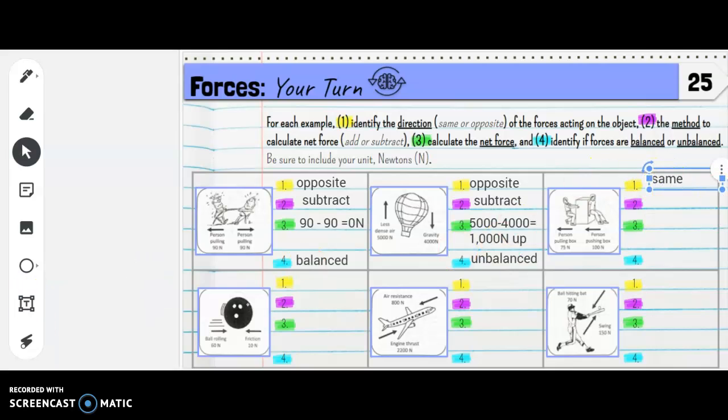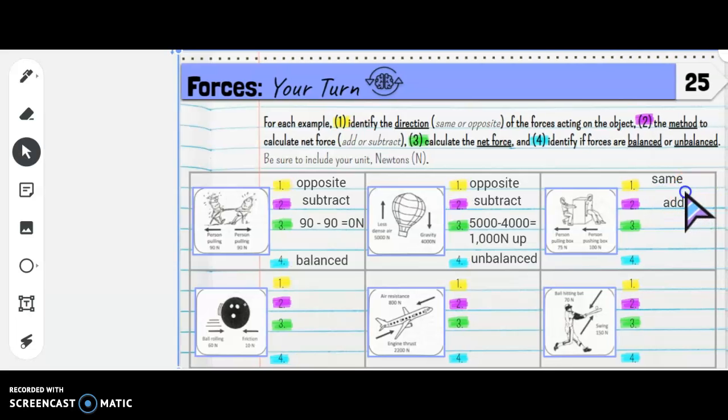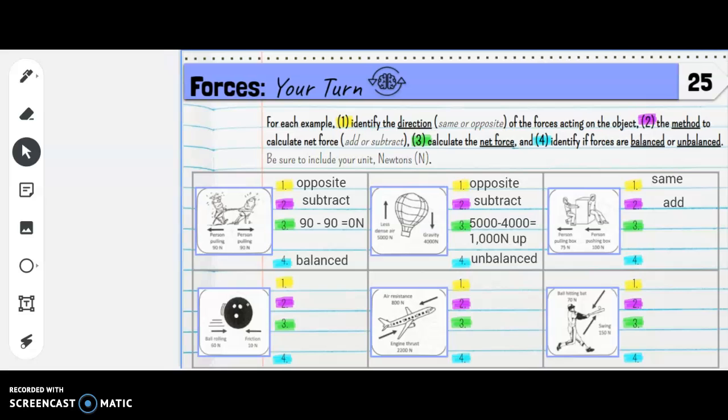So I'll write that down. Then for number 2, to find the method to calculate, since the forces are working together in the same direction, this time we will add those forces to find that net force.